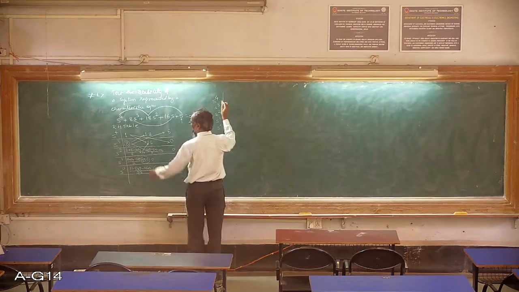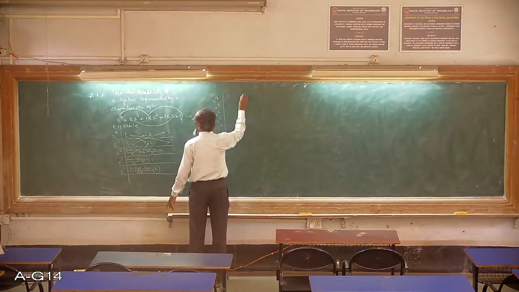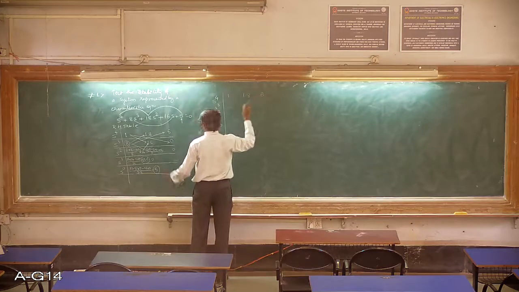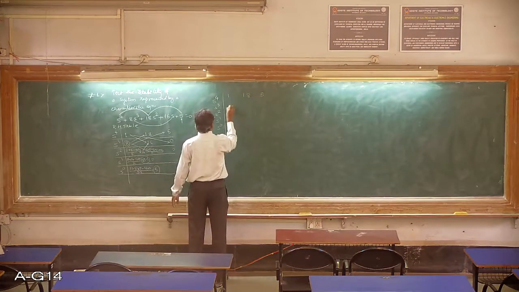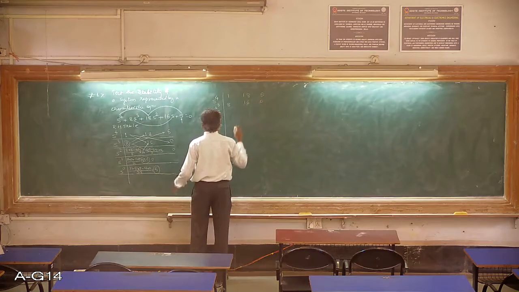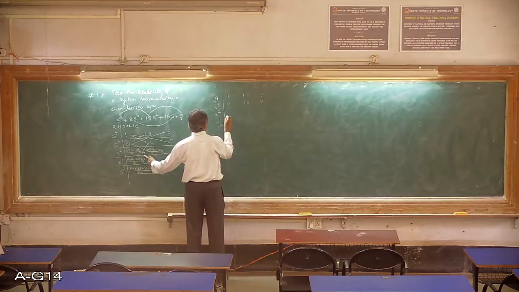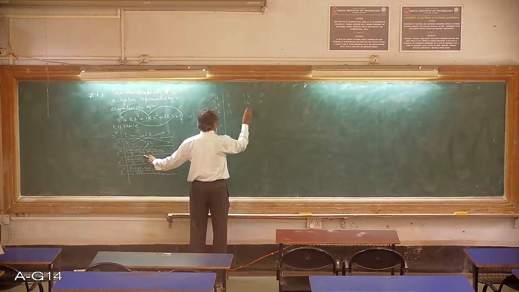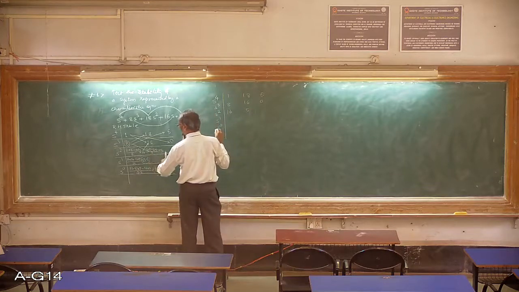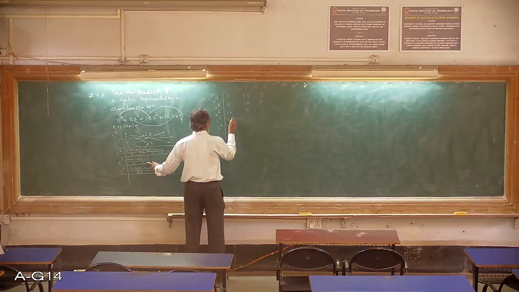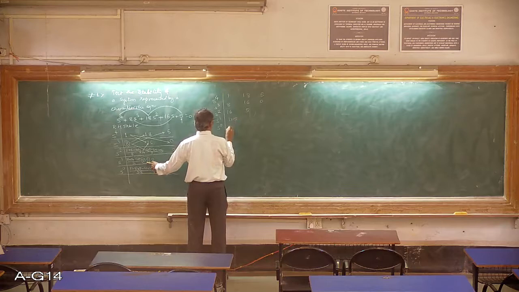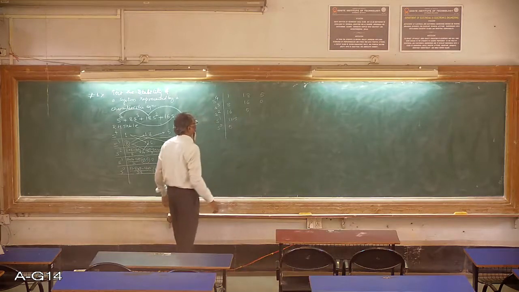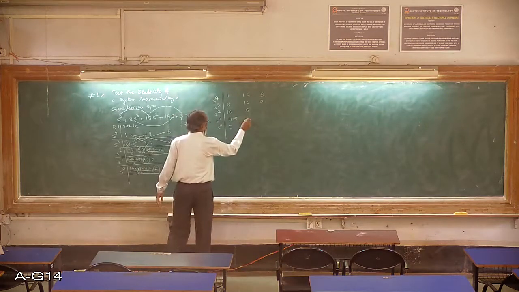Write down the coefficients: 1, 18, 5; 8, 16, 0; 16, 5; this will be 13.5; this will be 5; this is 0.